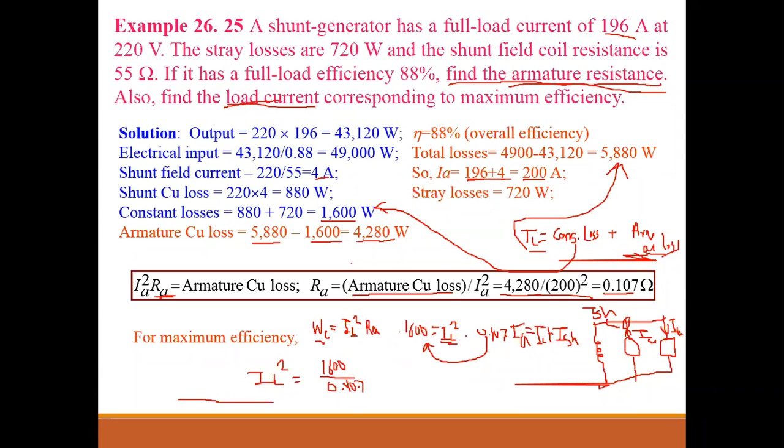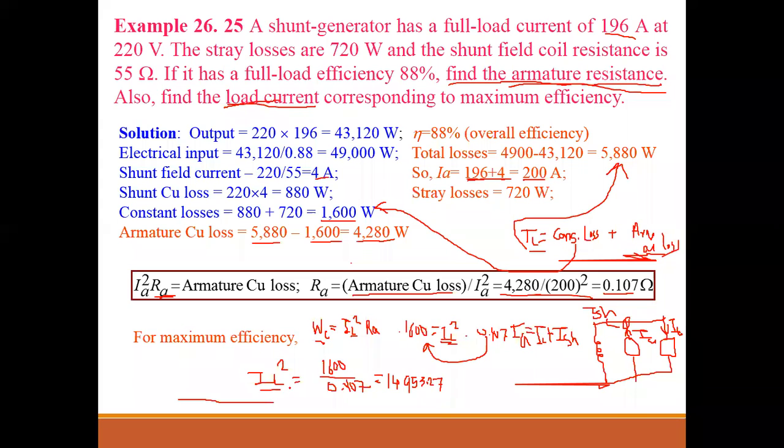Tell me what will be the answer? 14,953.27. Very good. Now this value is nothing but IL square, right?